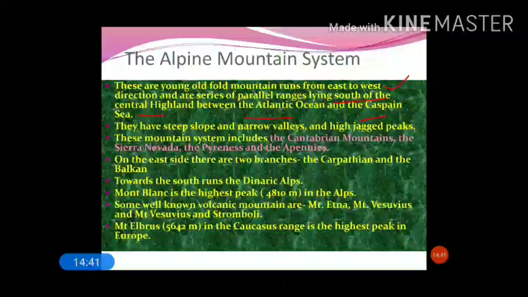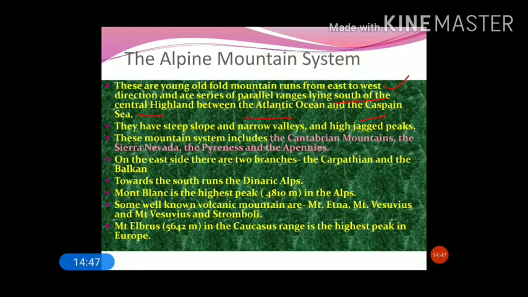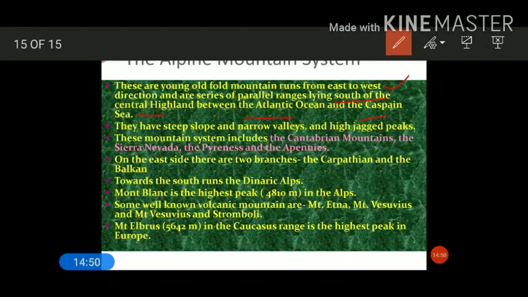Then they have steep slopes, narrow valleys and high jagged peaks. This is the important characteristic of young fold mountains, or most of the fold mountains. Fold mountains have steep slopes, narrow valleys, high jagged peaks, meaning very high peaks of that particular mountain.